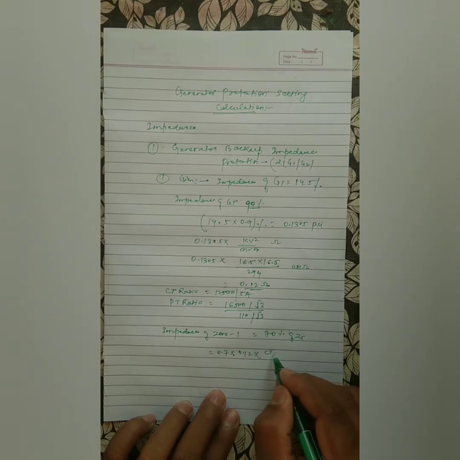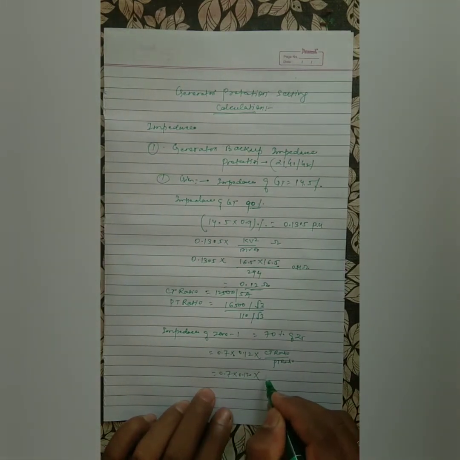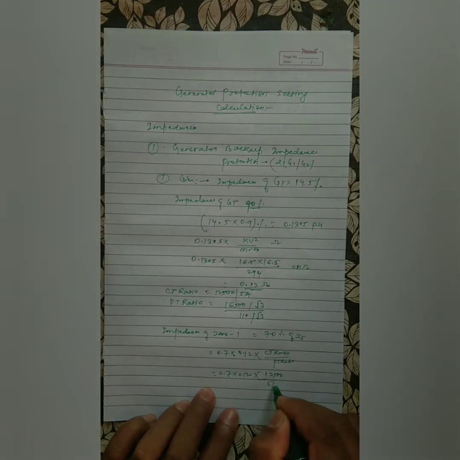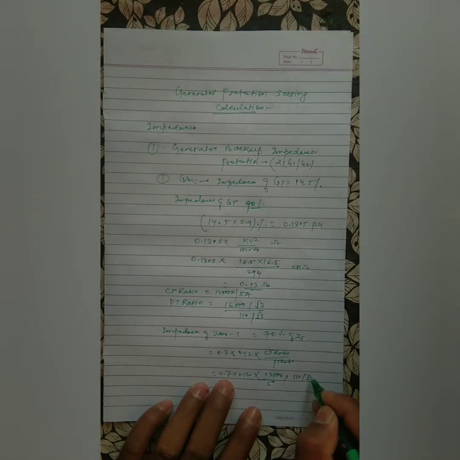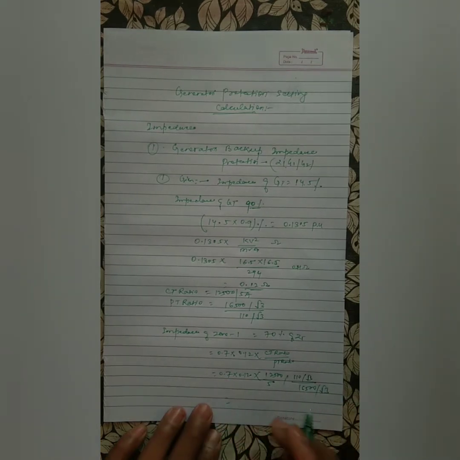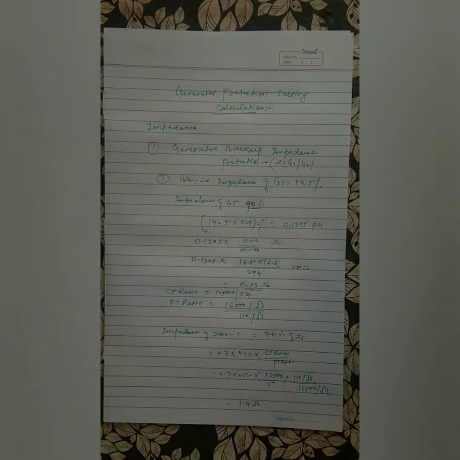So 0.7 into 1.2 into CT ratio 12500 by 5 ampere divided by PT ratio, 110 by root 3 and 16500 by root 3. If you calculate, I have already calculated this value, so the value is 1.4 ohm. So we can set it now in the relay accordingly.